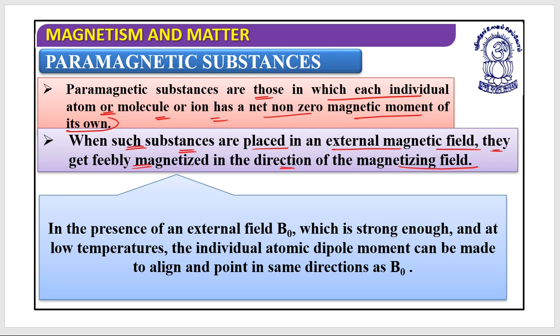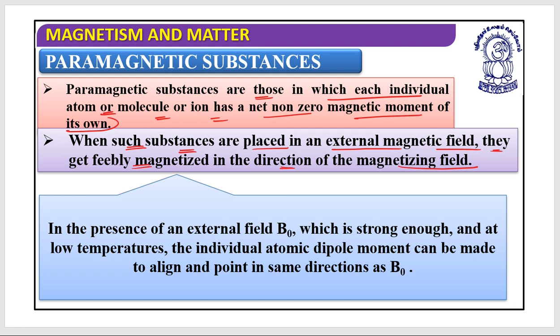Next, diamagnetic materials placed in an external magnetic field will tend to move from the stronger magnetic field to the weaker magnetic field, and they are not going to magnetize anyway. In this case they get feebly magnetized, and one more thing which is very important, in the direction of the magnetizing field.